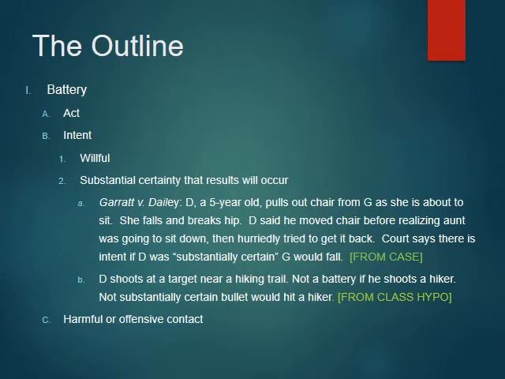Here's what my outline maybe would look like for some of these areas. Here's battery. There's an act, intent, and harm. And the harm has to be willful and substantial certainty that the results will occur.